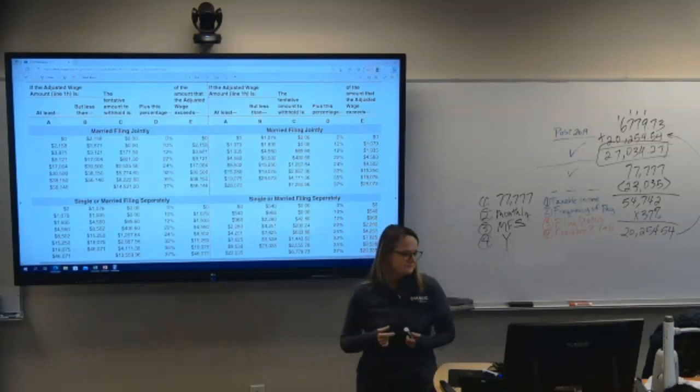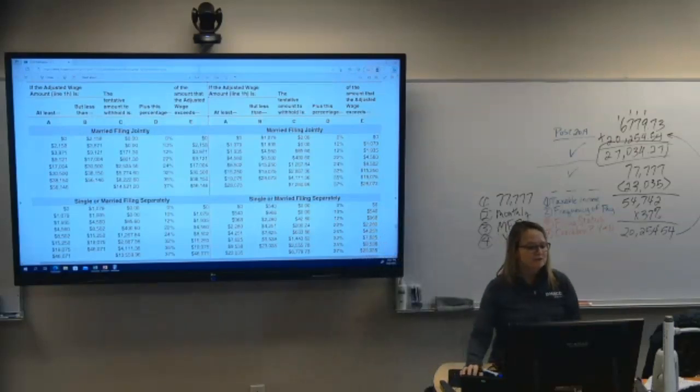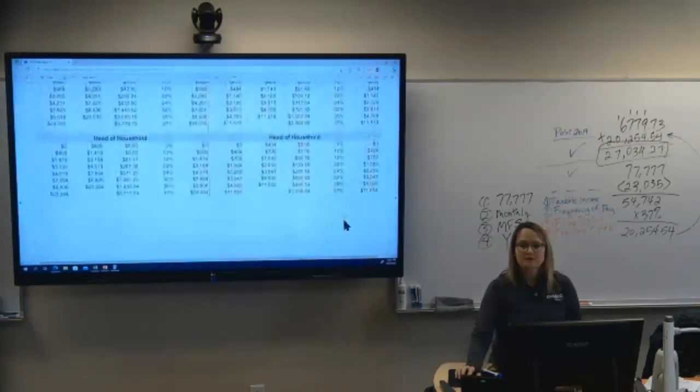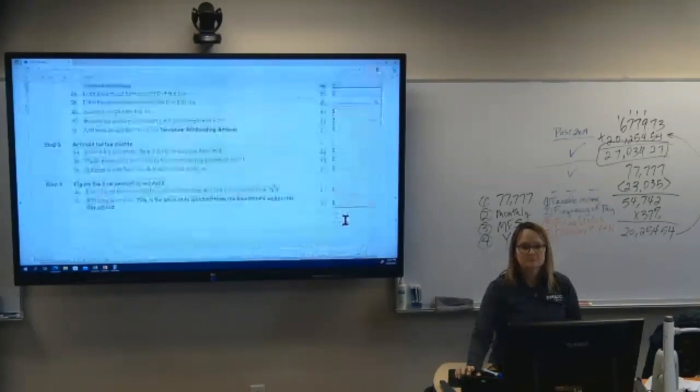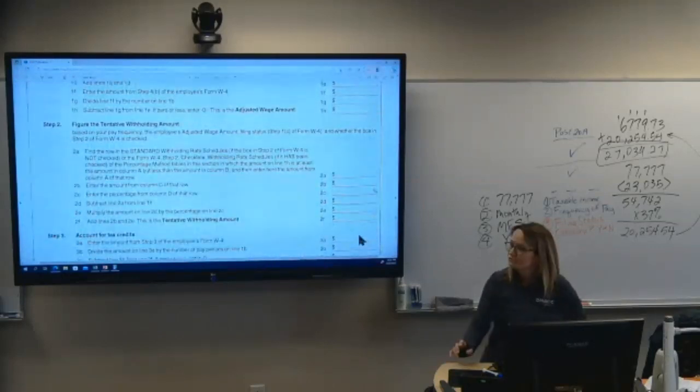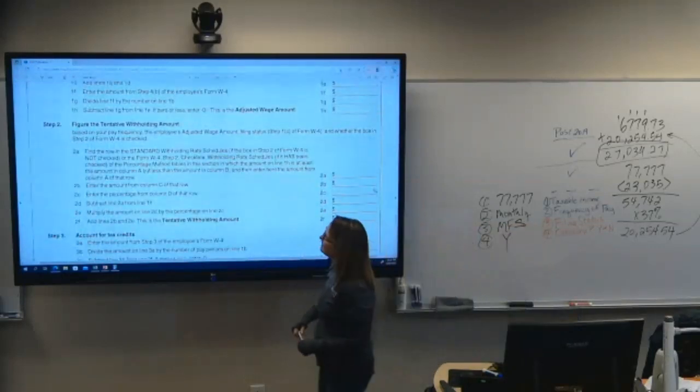Now I was going to show you, if you follow the instructions on the form, on this worksheet, it takes you through the same steps.